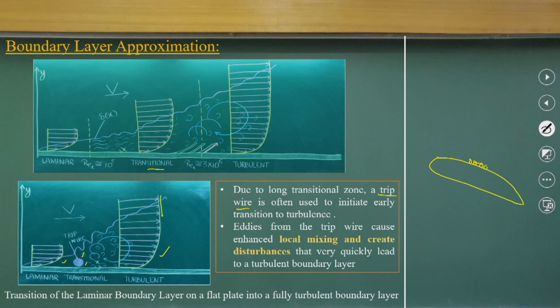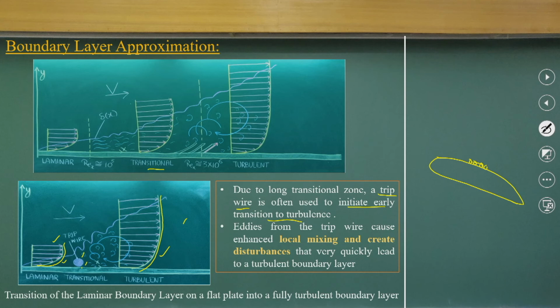More emphasis I am giving, please draw the velocity distributions. What will be the velocity distribution for laminar, what will be for turbulent, and since there is a presence of a trip wire, an artificial resistance we put, it initiates early transition to turbulence. That is what we follow.